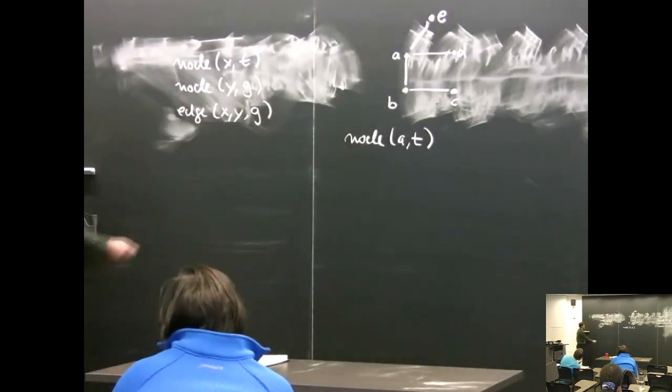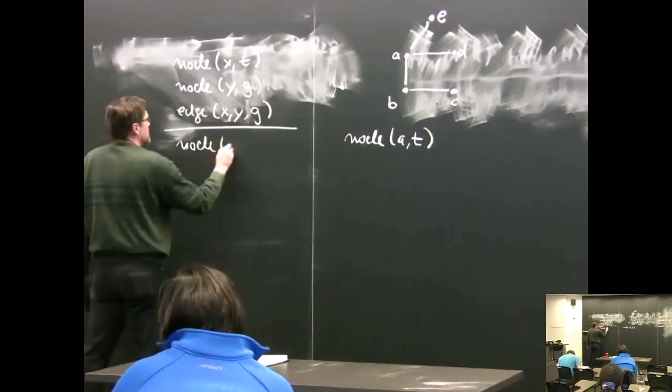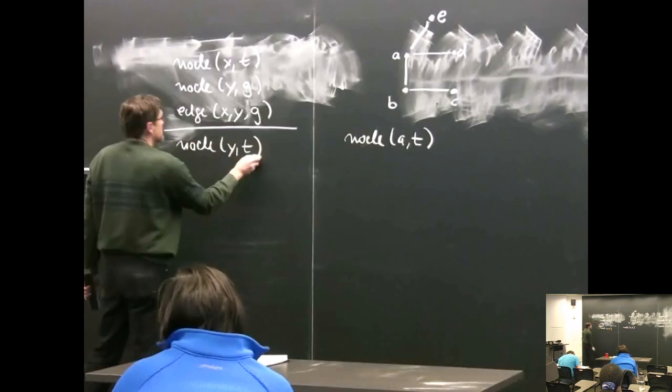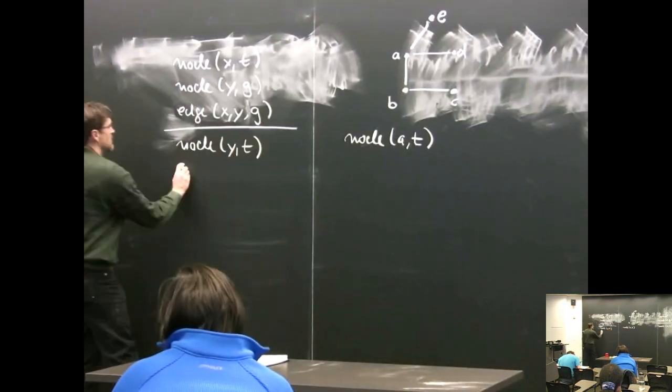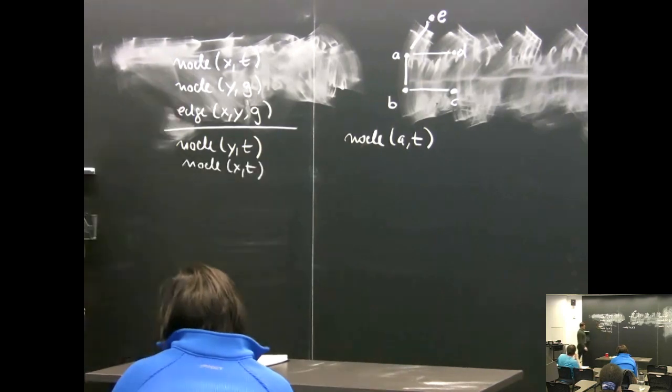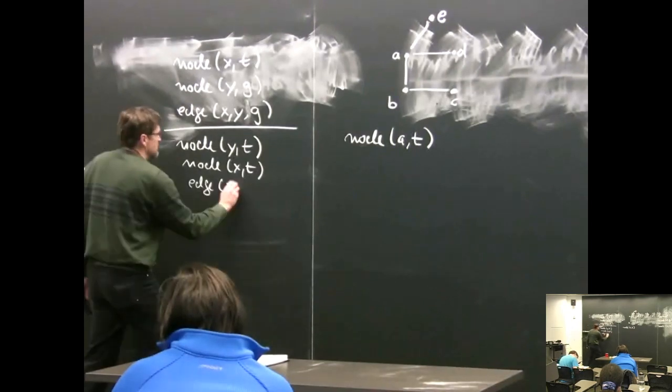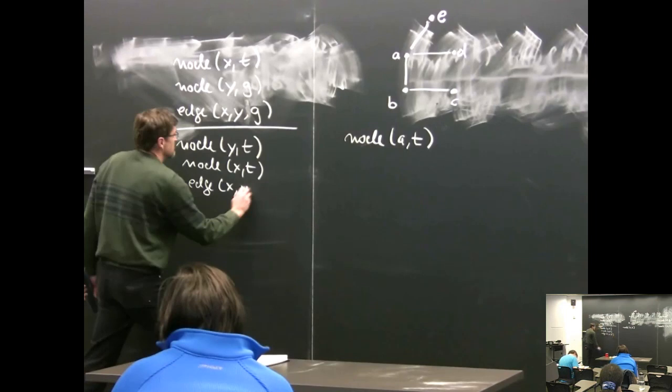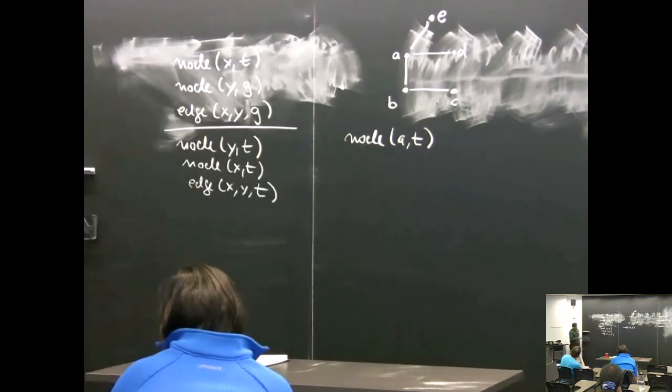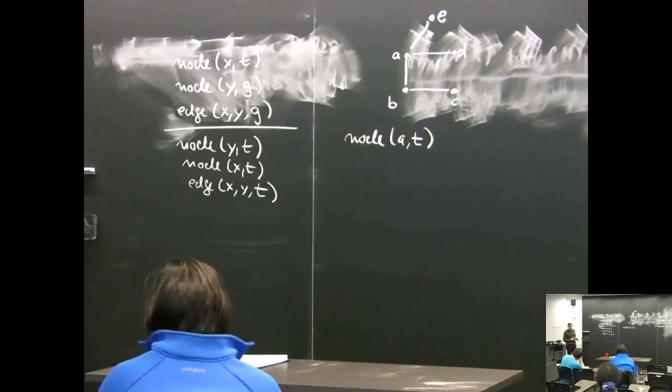And then you have node Y in T. So we move Y to be in the tree, X is still in T, it stays in the tree. And now you have an edge from X to Y in T. Does that make sense? Any objections to this?